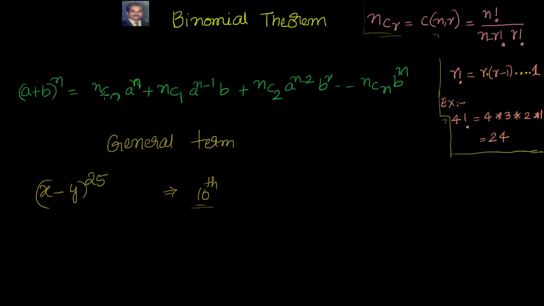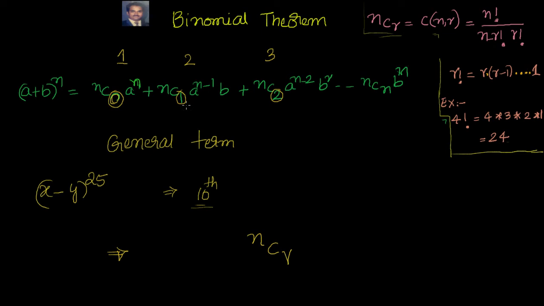See here. The first term is having 0, the second term is having 1, and the third term is having 2. Just keep that in mind. Now, let's try to give a general solution for this. We want to give the term where this is equal to r. So I will write nC, and I want to have r here.